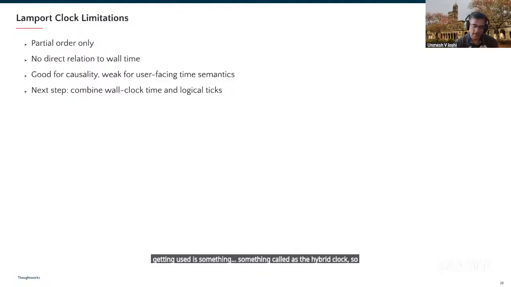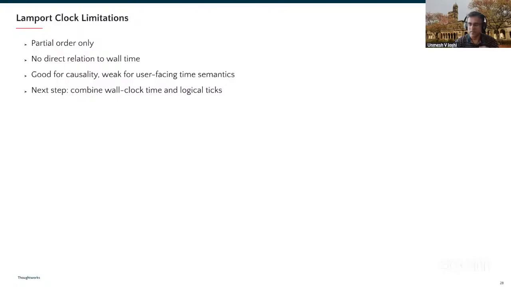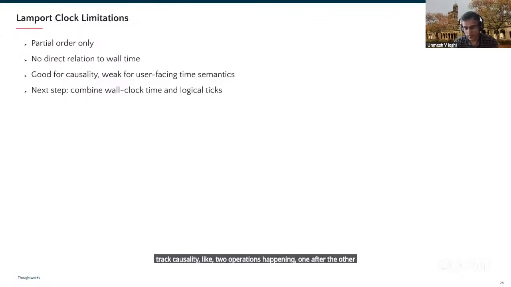So we take this design of the Lamport clock, which allows us to track causality, like two operations happening one after the other being guaranteed to have a higher timestamp, but also have some correlation with date and time. And that's the solution which is called hybrid logical clocks. Now we'll go to the code.